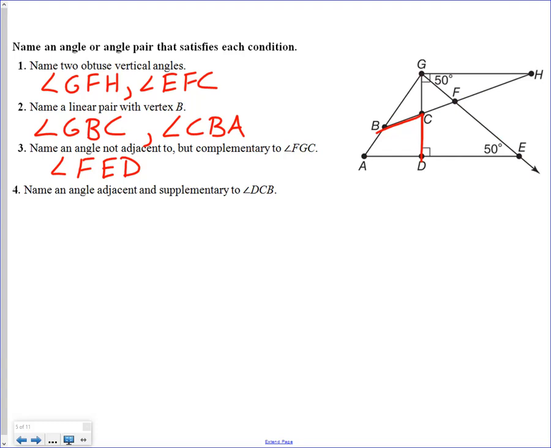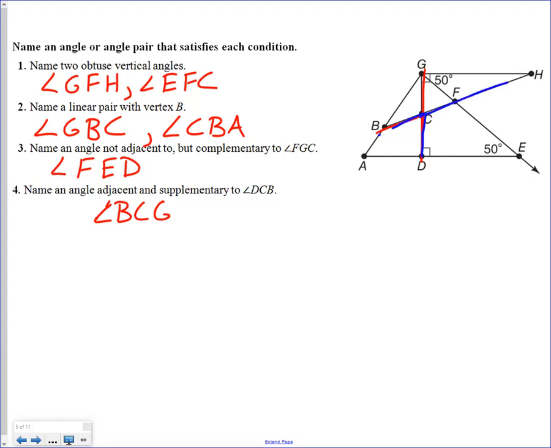So if it's adjacent and supplementary, a different way of saying that is a linear pair, right? So it needs to form a line on one of the sides. So we could do DCB and BCG. Or, right, we have BCD.